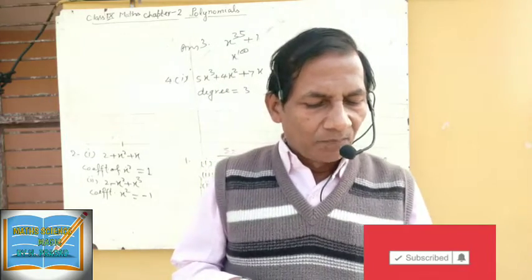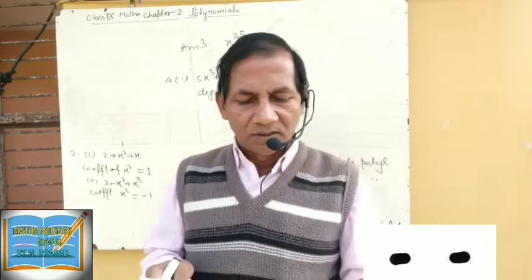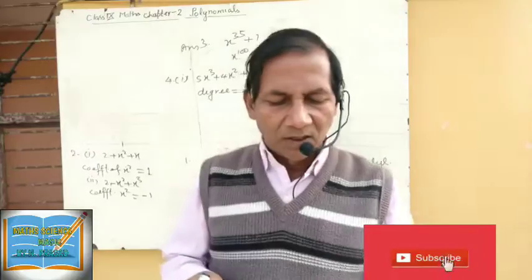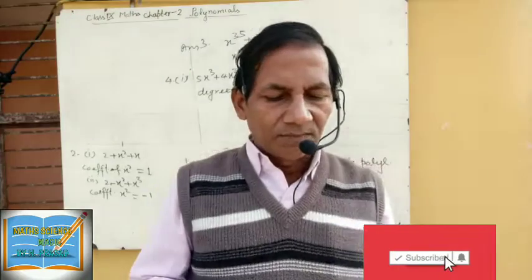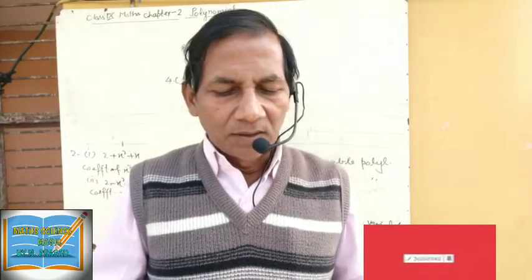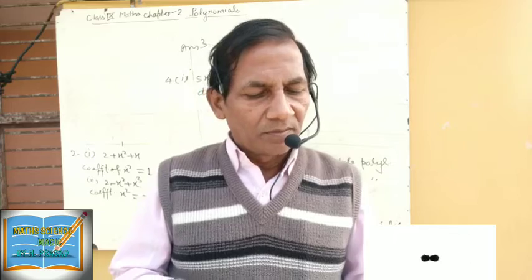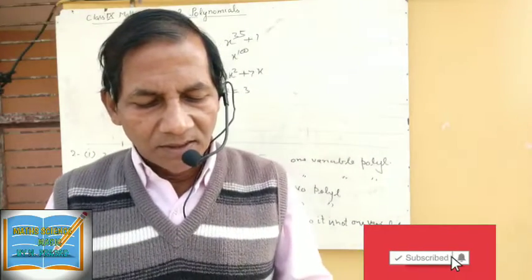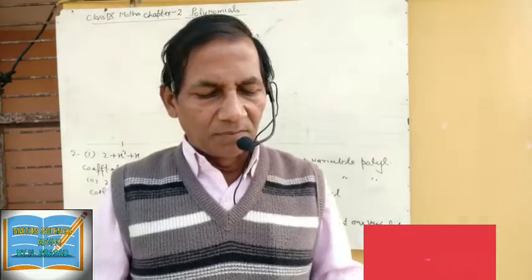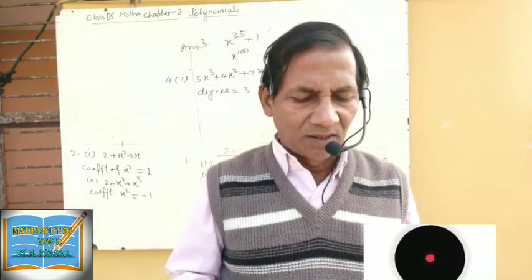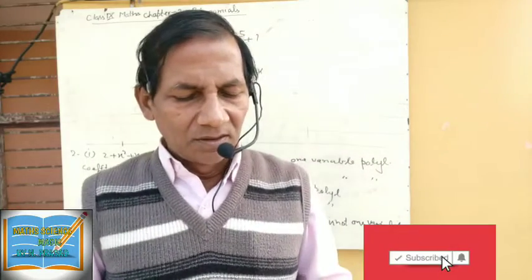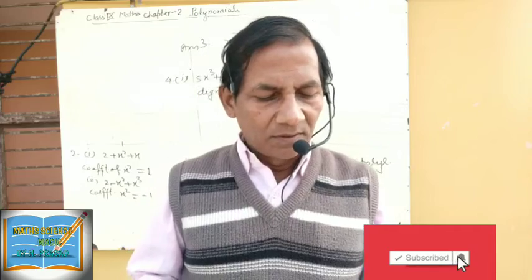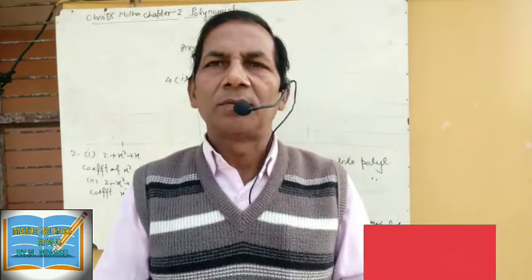The first one is linear, the second one is cubic polynomial, the third part is quadratic, the fourth part is linear, the fifth part linear, the sixth part quadratic, and the seventh part is cubic polynomial. I already explained, that's why I am not going to solve it. Okay, students? Thanks.